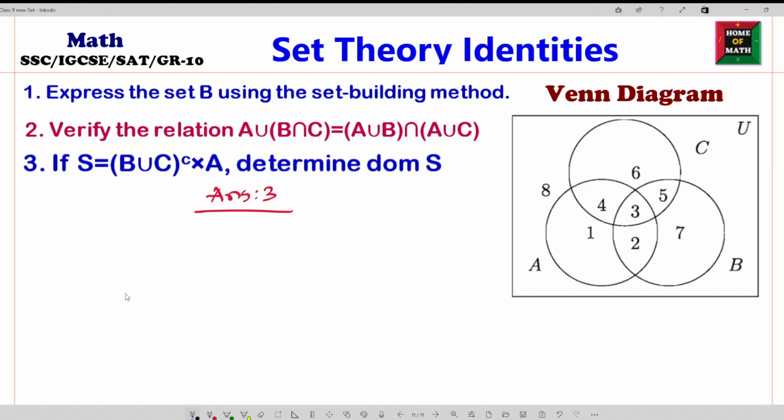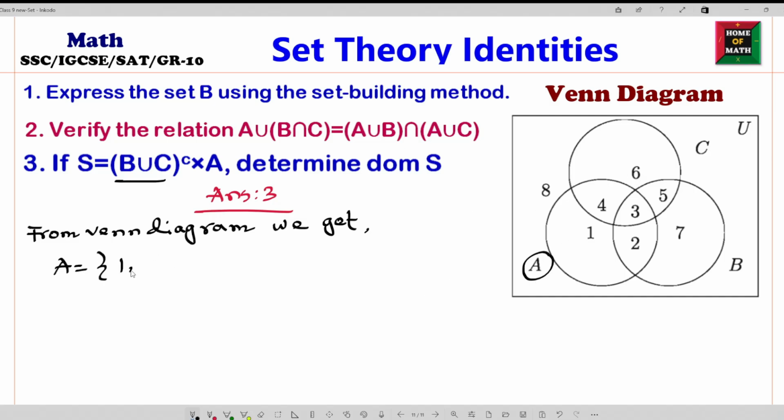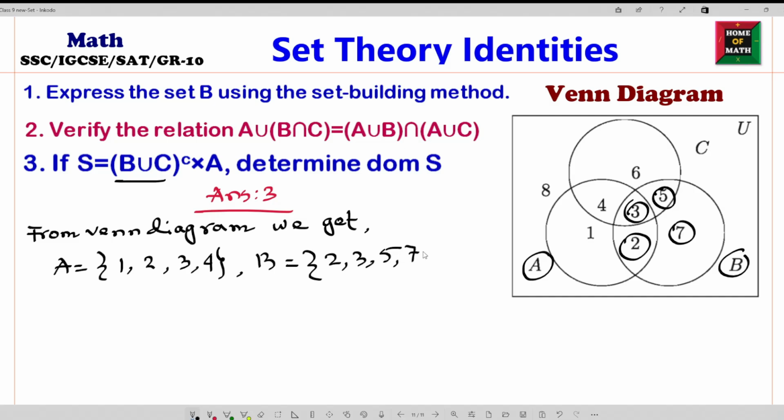So first we have to find the result of B union C. Another thing we can write from the Venn diagram: A equals 1, 2, 3, 4. Then B equals 2, 3, 5, 7.